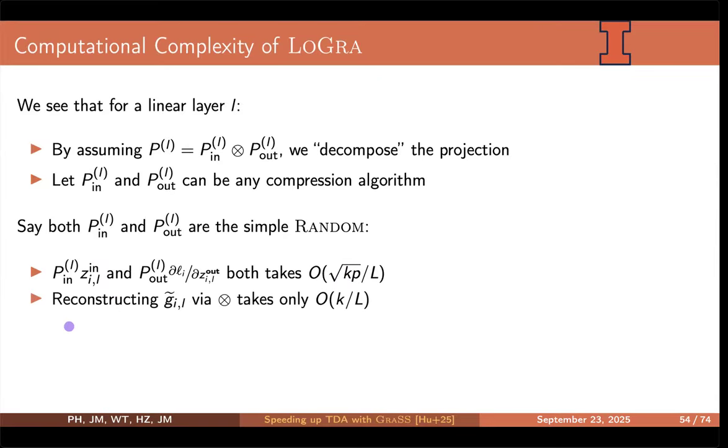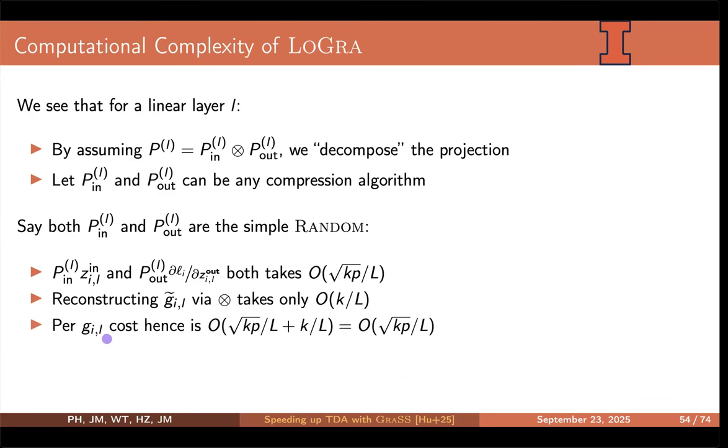And we see that in the end, when reconstructing via the tensor product between two compressed factors, each of size square root of k over L, the cost is the whole thing squared, which is k over L. This is much smaller than square root of kp over L, because p is way larger than k. So this step can basically be neglected.